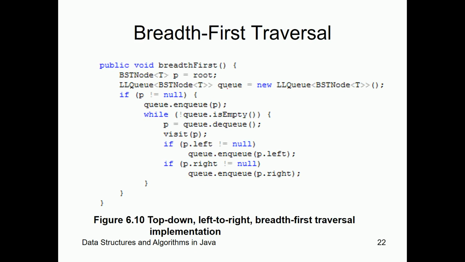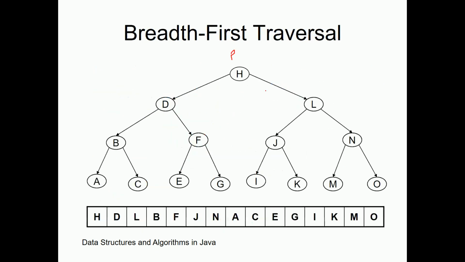That's where we start. And we use a Q. Why do we use a Q? It's first in, first out. And let's see why actually, because for now we don't see why it has to be Q. But let's have a look now.